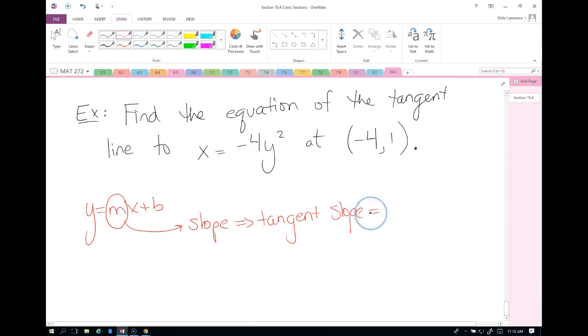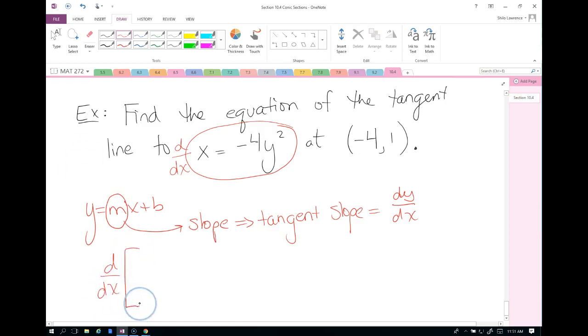And if we want it to be a tangent slope, that means we need to use derivative, dy/dx. So we're going to go into this equation and differentiate everything with respect to x. And this is going to be considered an implicit derivative because this function is not solved for its output variable of y. Or it's not even a function, actually.